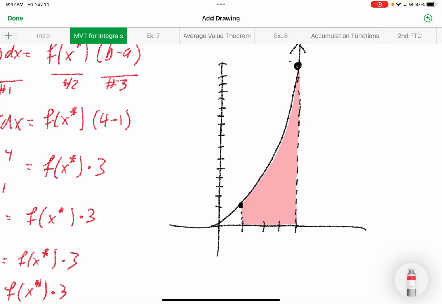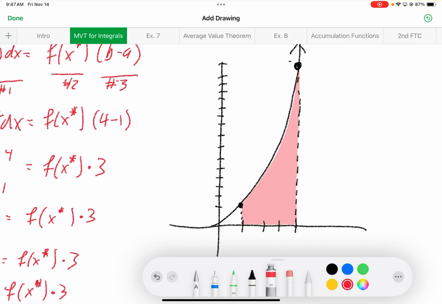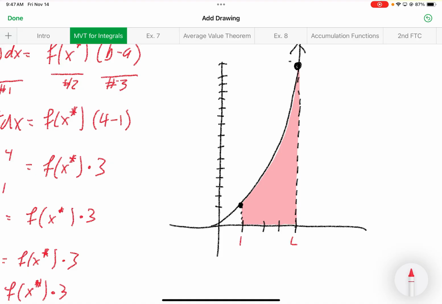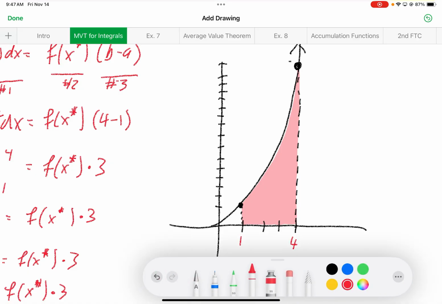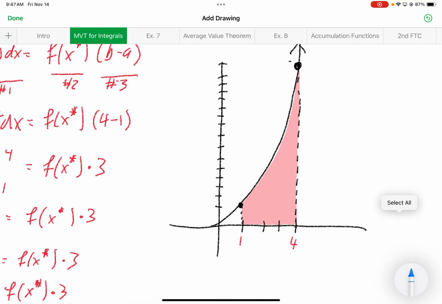What I'm telling you is we can generate a rectangle that has that same area using those values that we looked at already, and those values that we found become very important. For the height of my rectangle, what x value do I need to take the height of to find the height of the rectangle that's going to have the same area?